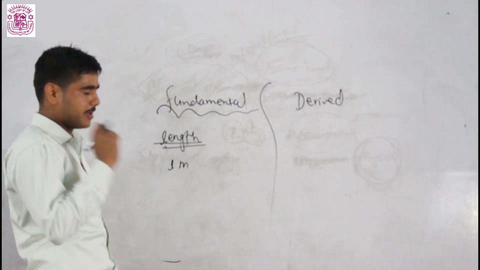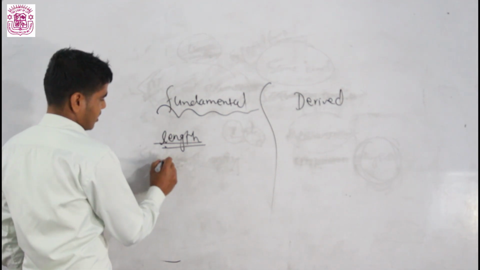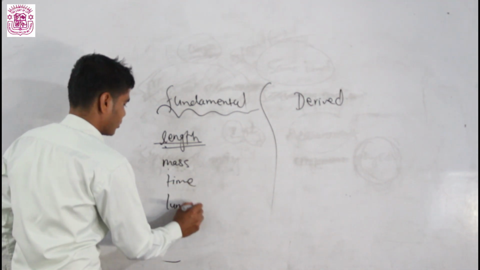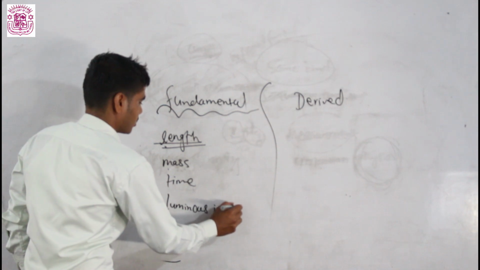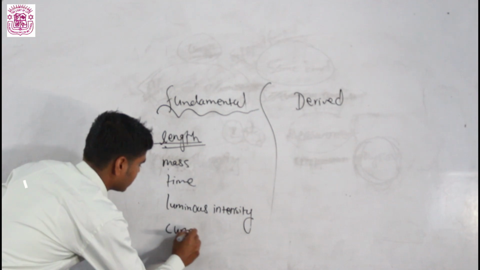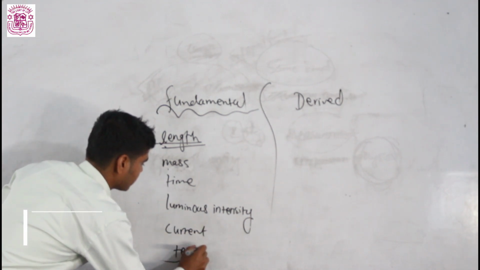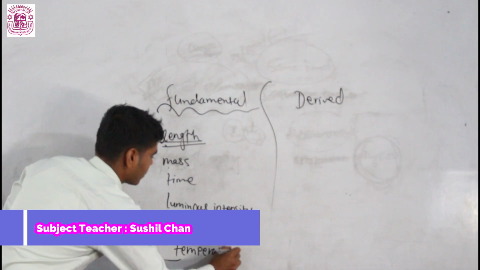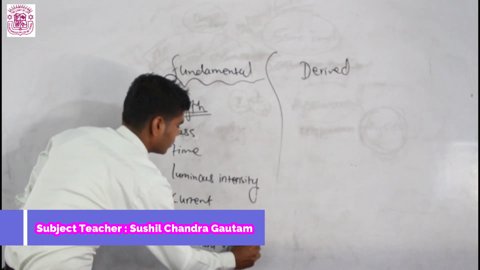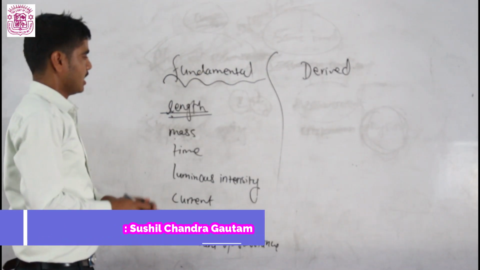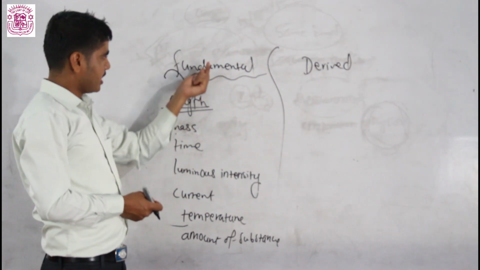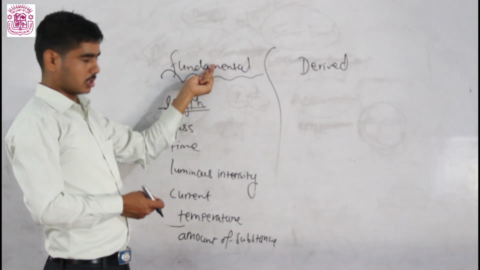Basically, there are 7 fundamental quantities: length, mass, time, luminous intensity, current, temperature, and amount of substance. All 7 of these are fundamental quantities because they do not depend upon other quantities.